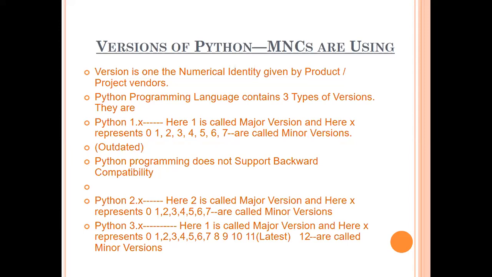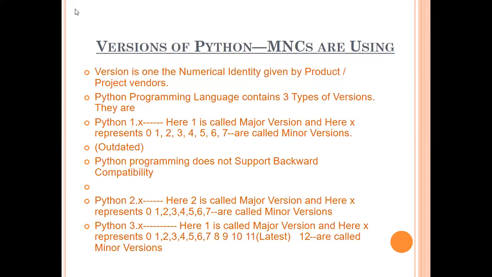If we talk about Python 2.x, 2 is the major version and x represents the minor version, like 2.1, 2.2, up to 2.7 and many more. 3.x is also a major version with minor versions. Now, 3.11 is the latest version which is running nowadays.